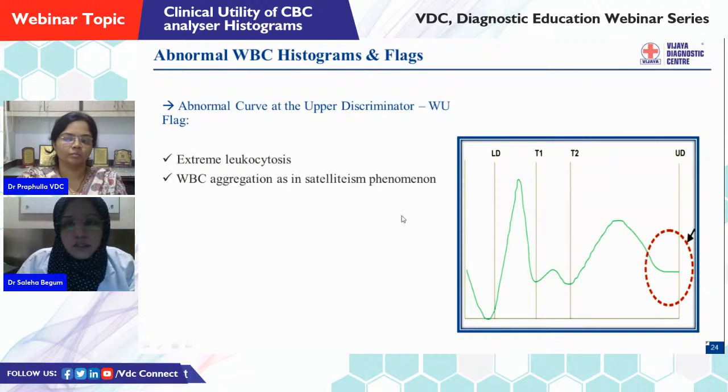So the causes for such an abrupt ending are extreme leukocytosis or WBC aggregation, as in the satellitism phenomenon. Sometimes the patient's neutrophils get into clumps in distribution, which is called the satellitism phenomenon, and that results in abrupt ending of the graph at the upper discriminator, indicating that some larger population is there, but eventually that larger population will be a false representation. Instead, the causes will be WBC aggregation or extreme leukocytosis.